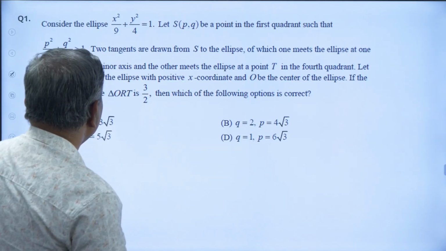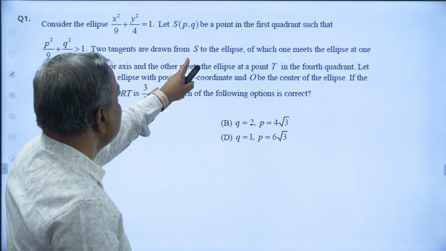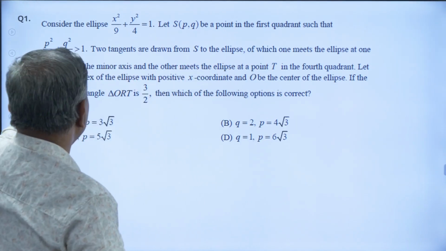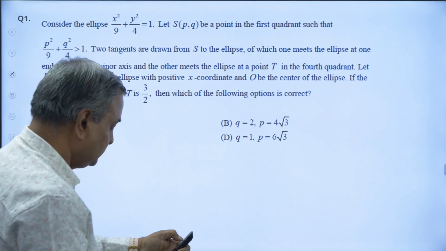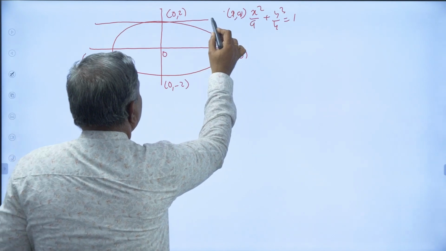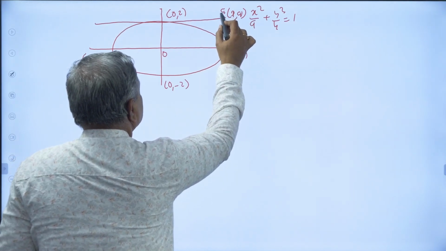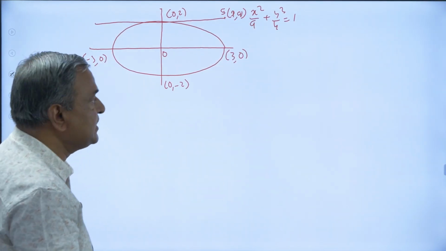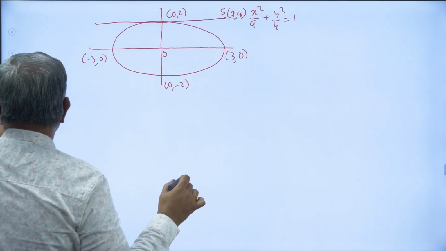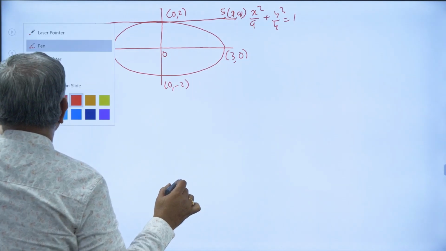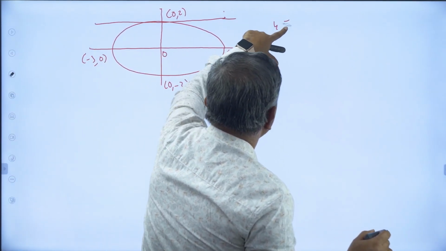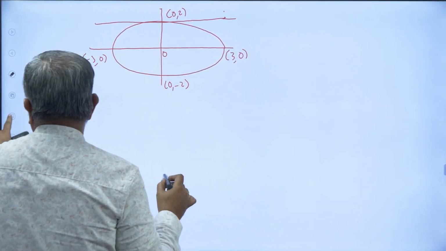Now, go back. Two tangents are drawn from S to the ellipse, one of which meets the ellipse at an endpoint of the minor axis. Okay, you have drawn a tangent. This is the minor axis. This is the point S, somewhere like this. I'll erase it in such a way that you get more clarity in the diagram.